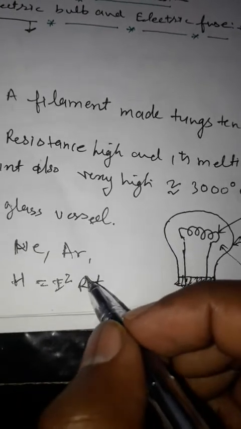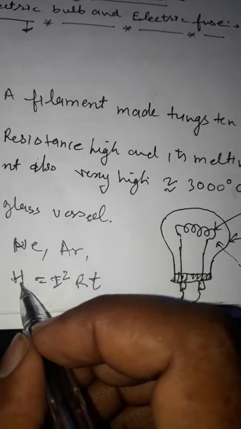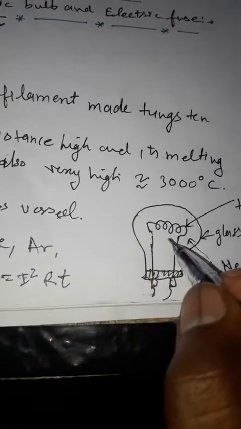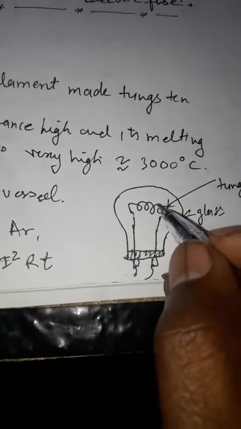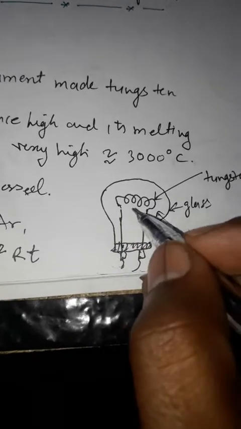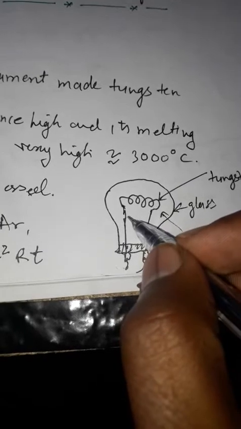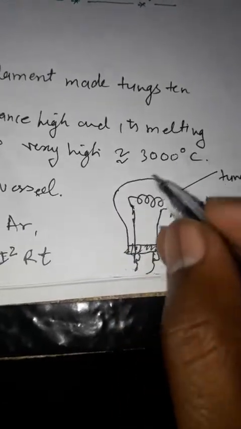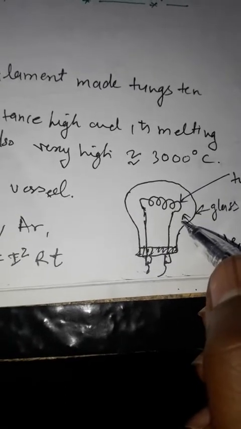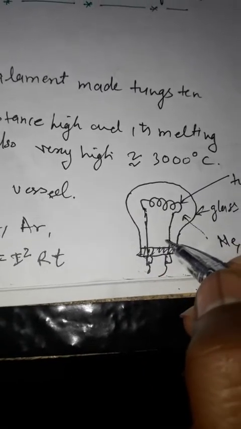So due to high resistance it produces a high amount of heat, due to which the filament becomes red hot and hence glows, spreading light of red-yellow color in the surroundings. So that is all about the electric bulb.